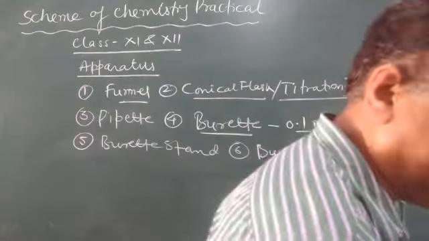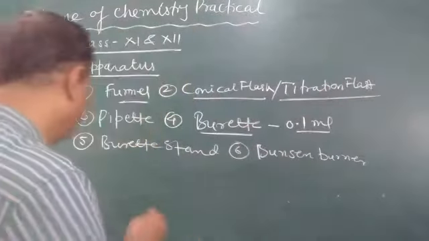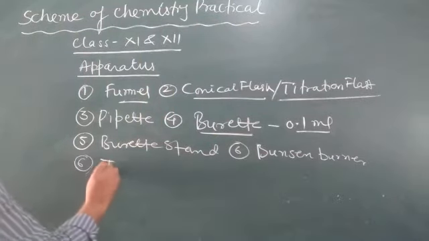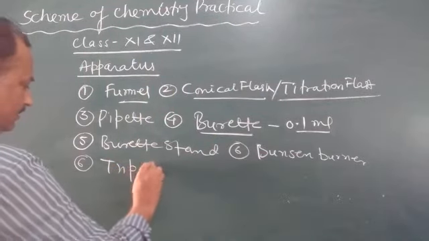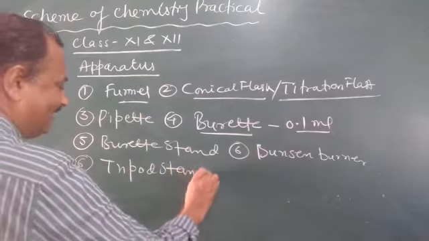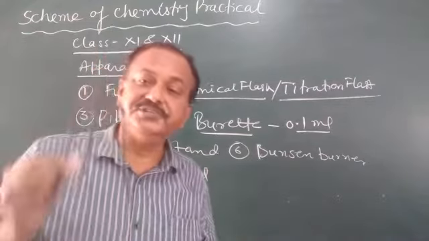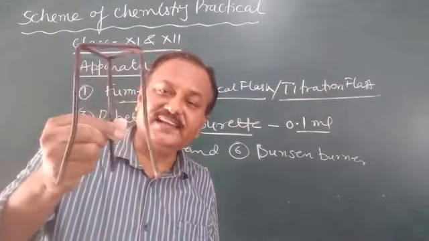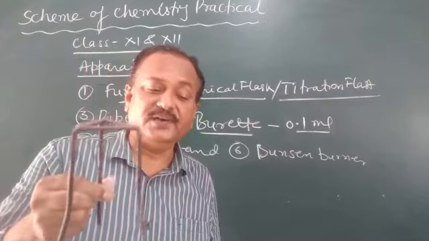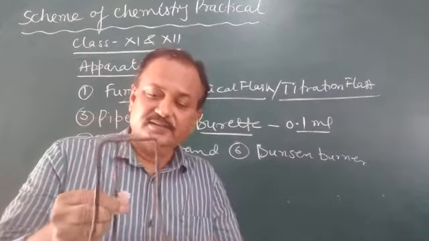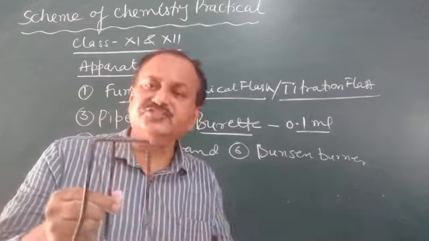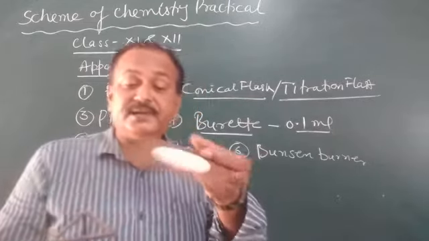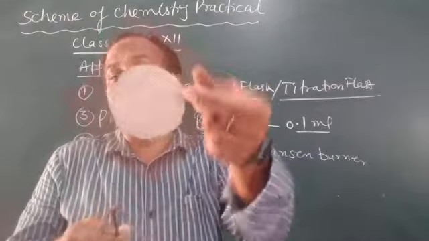Now coming to the other item for heating: the tripod stand. Tri means three legs are there. It is used for heating. Below this there is the burner, either a spirit lamp or a gas burner. But above this, here we place, what is this?